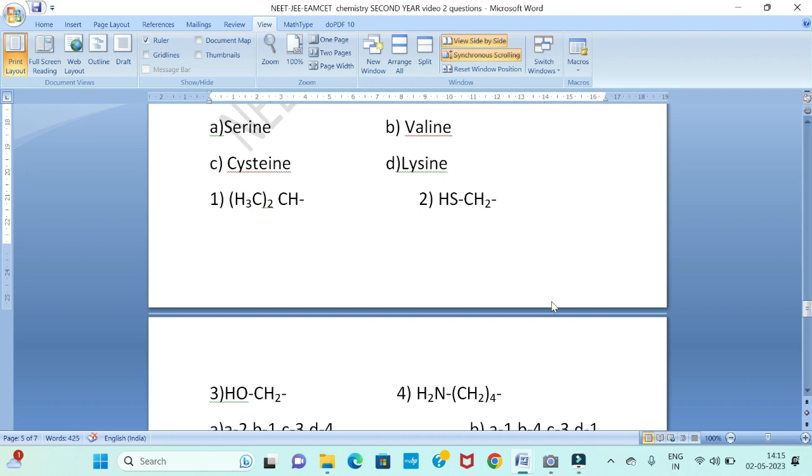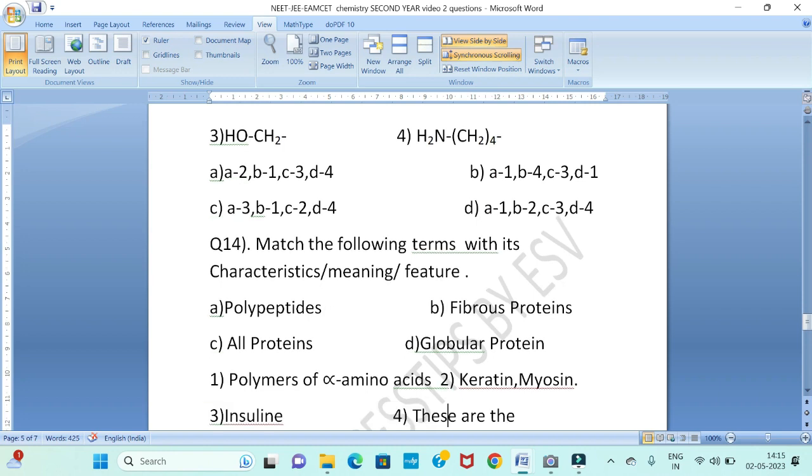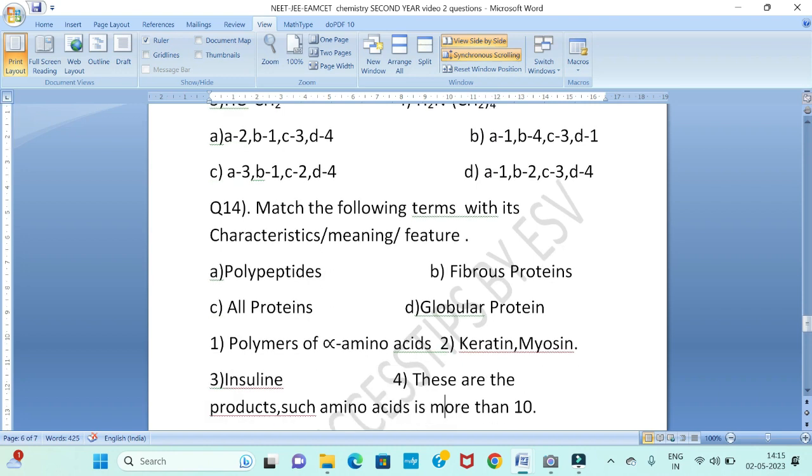The last question is to match the following terms with their characteristics, meanings or features: polypeptides, fibrous proteins, all proteins, globular proteins.